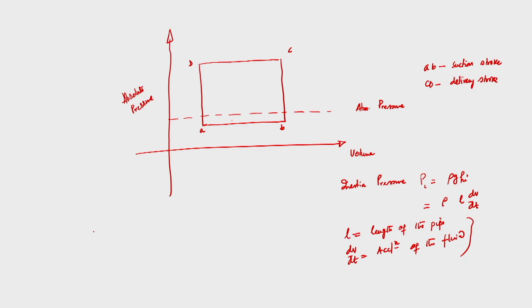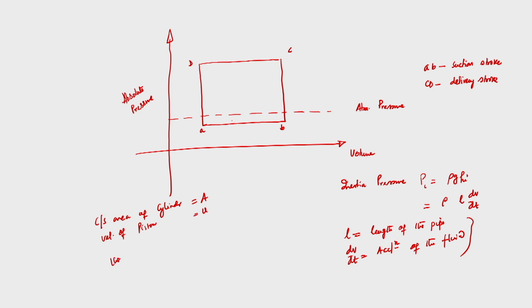Now assume the cross sectional area of the cylinder, because the velocity of the fluid in the pipe and the velocity of the fluid in the cylinder are different. The cross sectional area of the cylinder is capital A, and the velocity of the piston is equal to u.